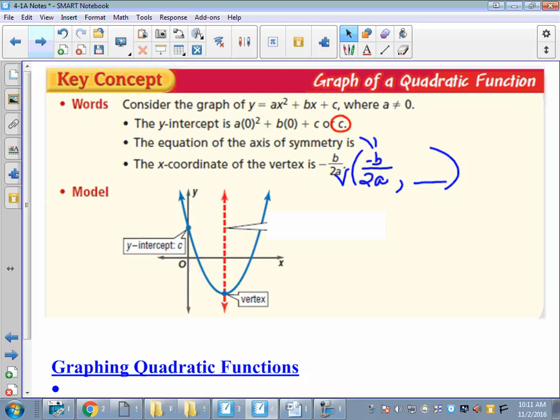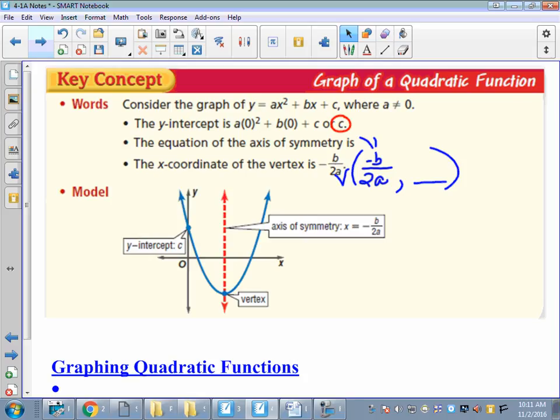So we went over the y-intercept, we went over the vertex. This red dotted line going right down the middle of the parabola is called the axis of symmetry. It's a vertical line, so its name is x equals something. And the vertex is always on the axis of symmetry. If you notice, the equation for the axis of symmetry is equivalent to the x-coordinate of the vertex.